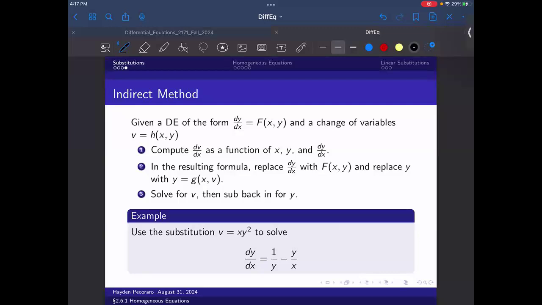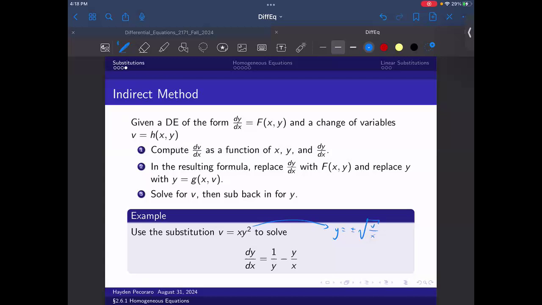So if you look at the substitution right here, v equals x y squared, that has a much nicer form to take a derivative of when I have v written as a function of x and y than if I solve this for y. Because if I solve this for y, I get y equals plus or minus the square root of v over x.